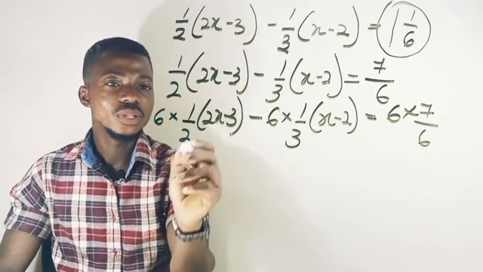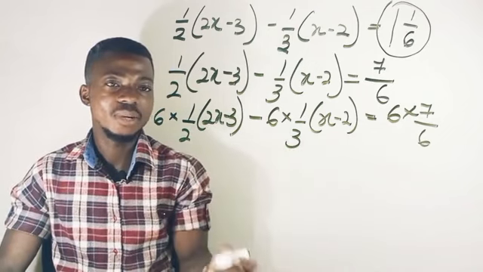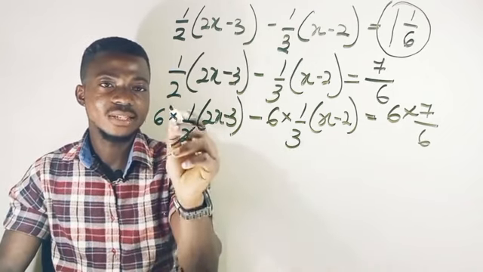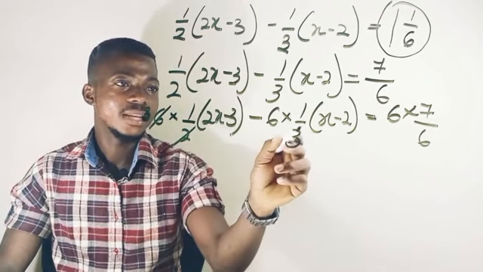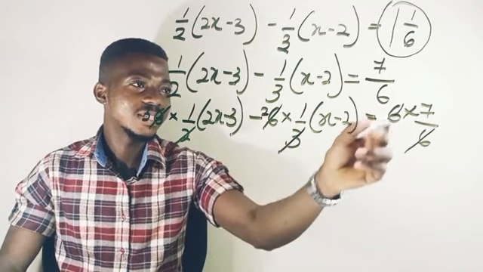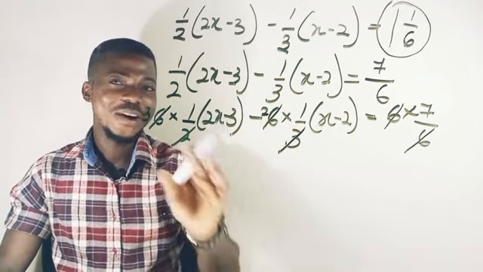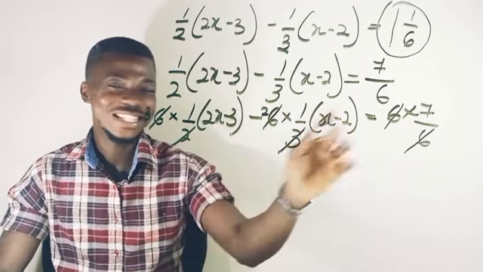Then you're going to cancel out the denominators. So here, the 2 cancels into 6. 2 goes in the 6 how many times? 3. Then 3 goes in the 6 how many times? 2. Then 6 also cancels with 6. Now, it looks a little bit messy, so let's write everything again, omitting all of those cancellations.